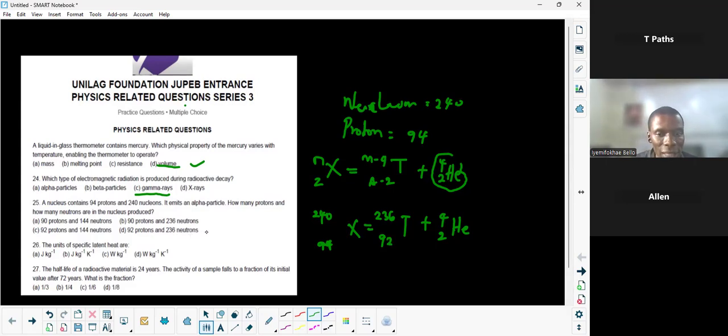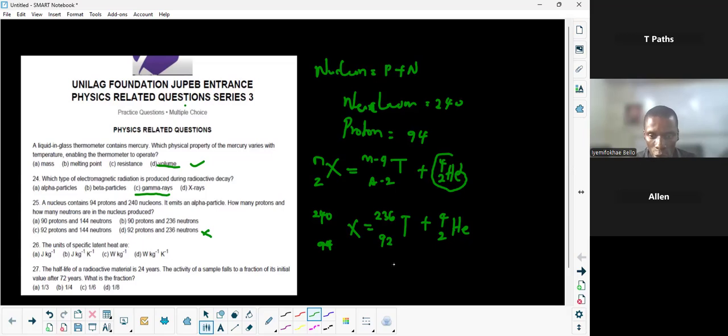So in this question, many students will think that the answer there is 92 protons and 236 neutrons. The answer here is wrong. The answer is not D, because the question did not ask us to look for nucleon. It said nucleus. And we know that nucleon is equal to proton plus neutron.